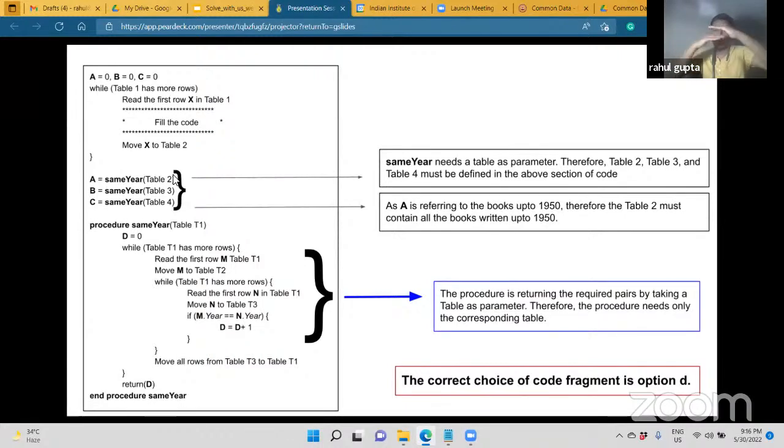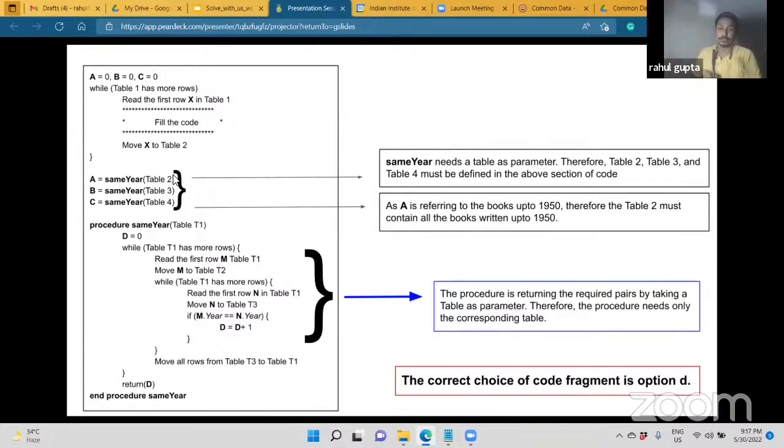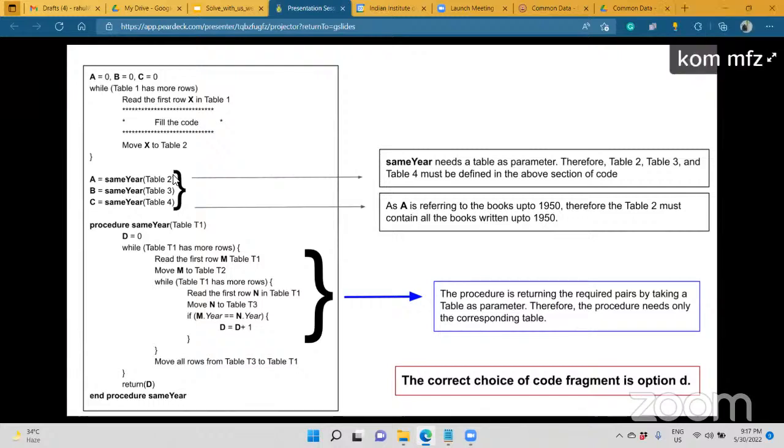Something is going to be compared, right? Now, if m.year is equal to n.year, I'm incrementing d equal to d plus 1. So d is the number of books published in the same year in the table which is passed to the procedure. Is that clear? Sir, can you repeat, sir?